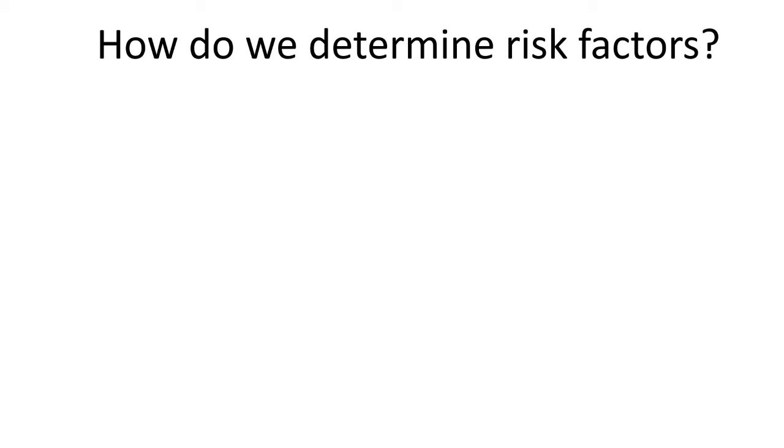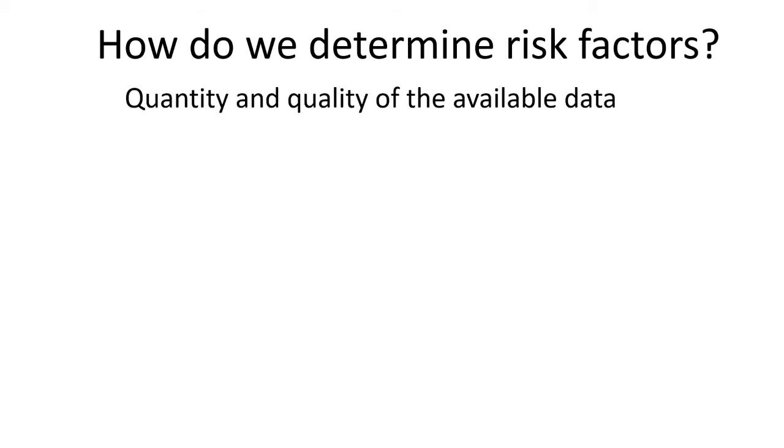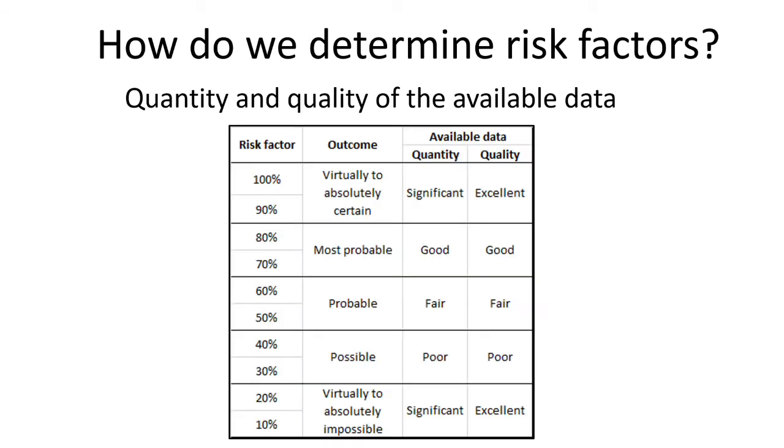So how did we determine the risk factors? Well, it's based on the quantity and quality of the available data. All right, here's a little matrix that we can sometimes use to help quantify the risk. So we have risk factor here from 10 to 100%, which 100% means a high chance of finding oil and gas, and the 10 or 20% means a low chance of it happening.